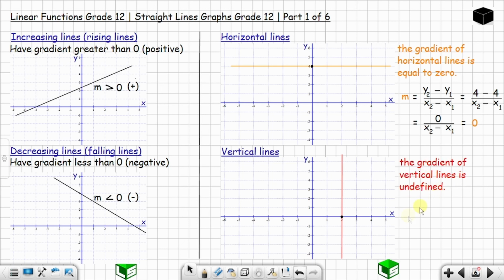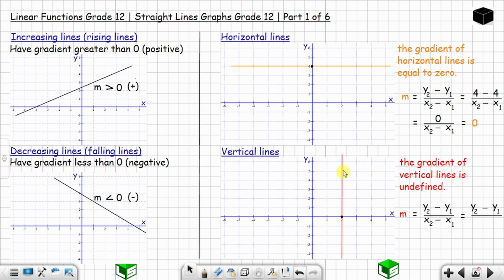Let's see that. So when calculating the gradient, this is the formula. You have to use y2 minus y1 over x2 minus x1. So this is equal to, you can see you have the change in the y, all these values. You have change in the y. So you have y2 minus y1 over x2 minus x1.